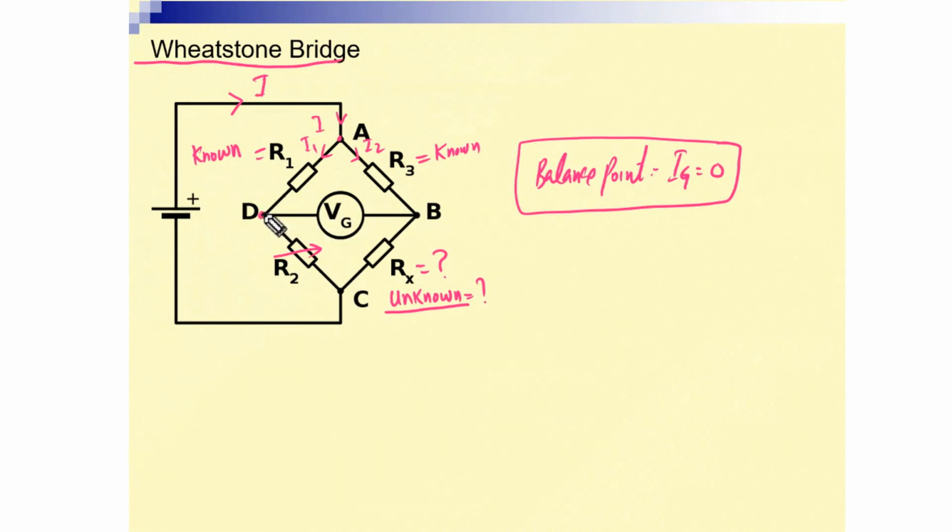It means the potential here is equal to the potential here. So when Ig becomes 0, your Wheatstone bridge is balanced. When it is balanced, then we can find out this one. When this is balanced, no current will flow this side. So I can give numbers to these. I can say this current is I2.